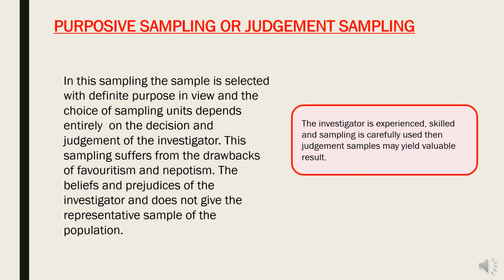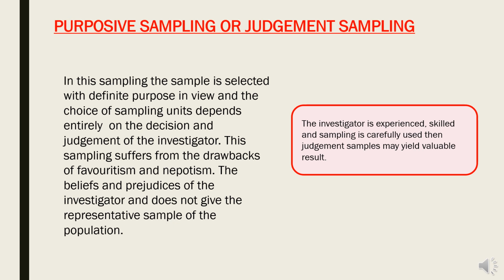In this sampling, the sample is selected with a definite purpose in view, and the choice of sampling units depends entirely on the discretion and judgment of the investigator. This sampling suffers from the drawback of favoritism and nepotism. It involves beliefs and prejudices of the investigator and thus does not give a representative sample of the population.